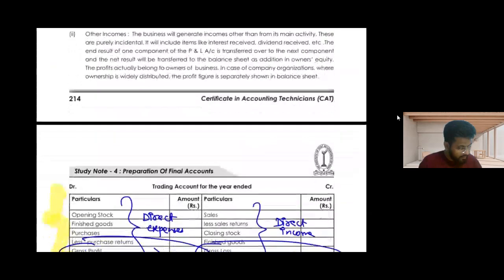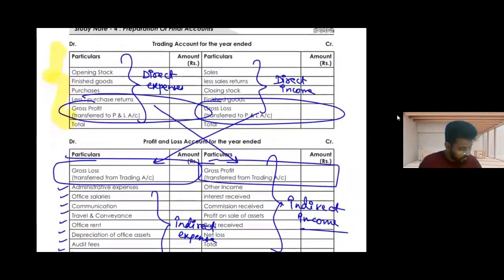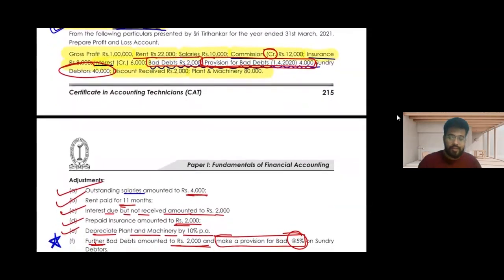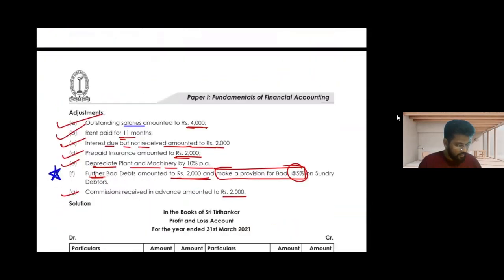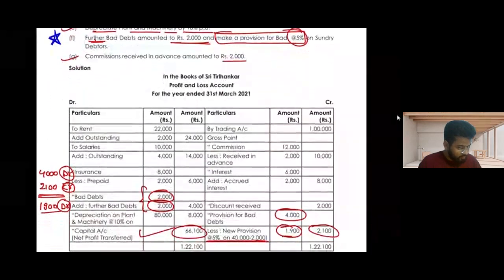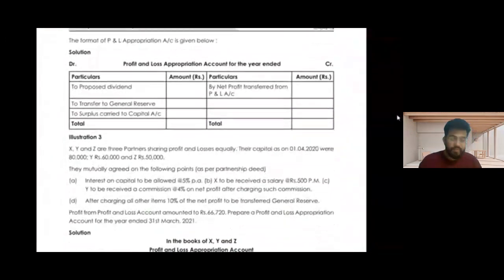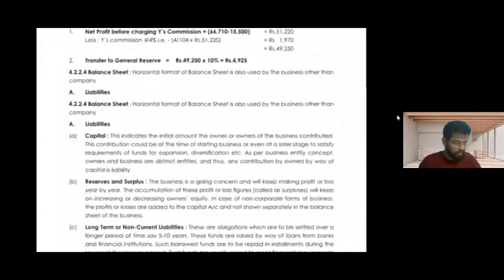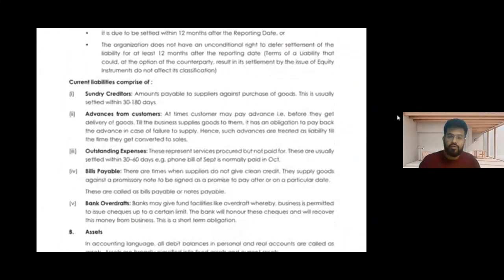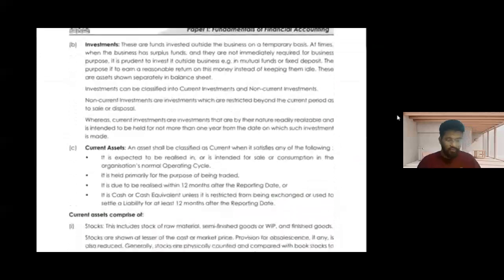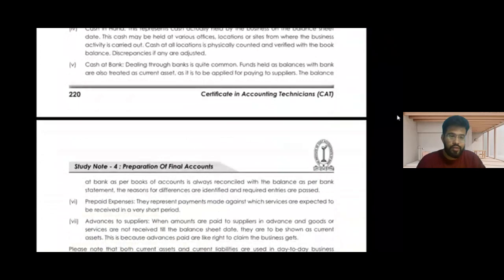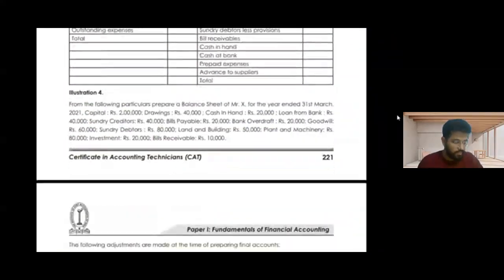And then I asked you to do the illustration number 4, where you need to know various accounts with their heads named over there. Sorry, that was the example which was on your page number 223. There were many accounts which were mentioned on that list. You need to mark which account this will go, which ledger it will go, and whether it will be a debit item or whether it will be a credit item. So that was the homework which I expected.